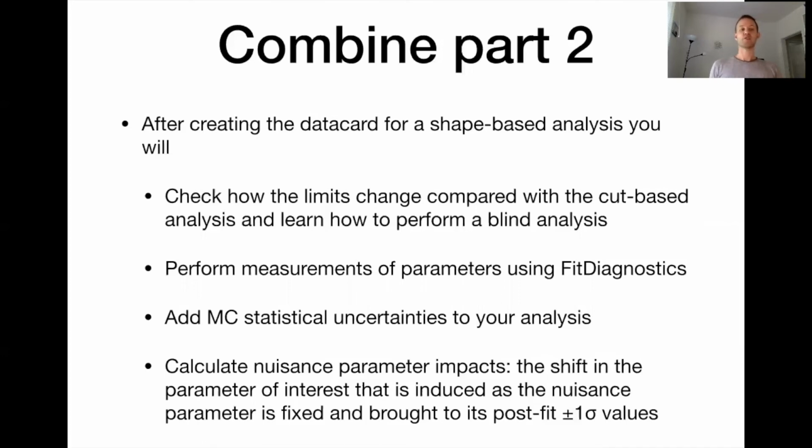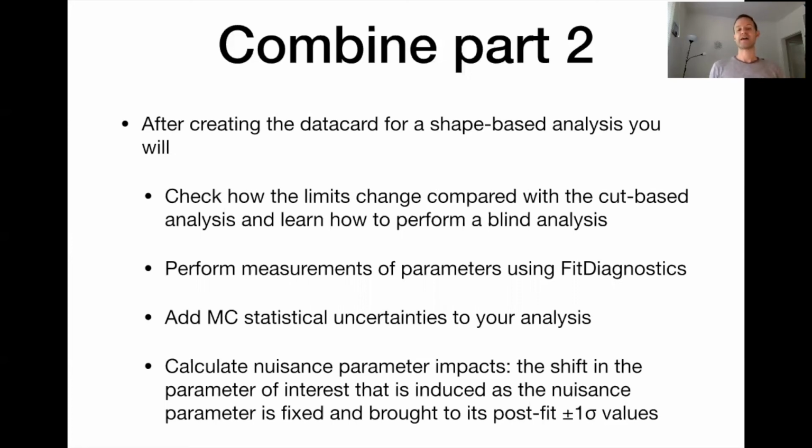Next, we'll consider another important type of systematic uncertainty that you need to add to your analysis called Monte Carlo statistical uncertainties. And we can see how that can be easily achieved with Combine. And then finally, we'll try and delve a little bit more into understanding how our different uncertainties represented by nuisance parameters actually affect the sensitivity of our measurements.